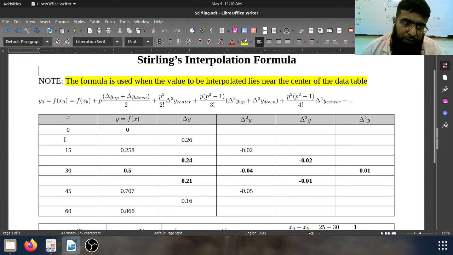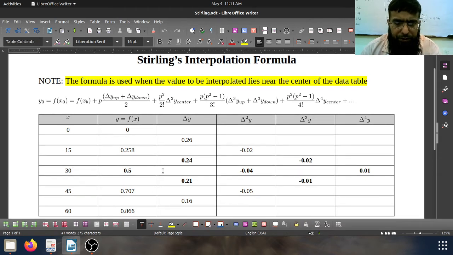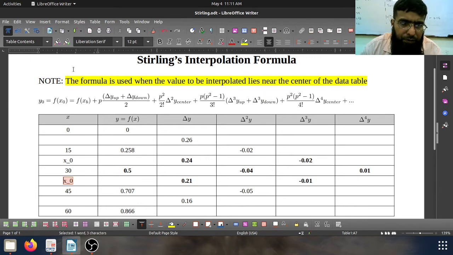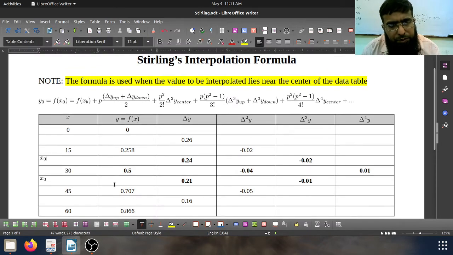We interpolate y for any node that is in between two given values, and preferably in the middle of the data table, so x naught can be here, or x naught can be here, near the center of the table.